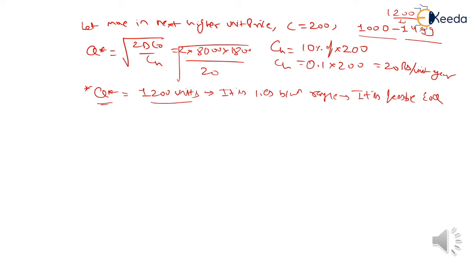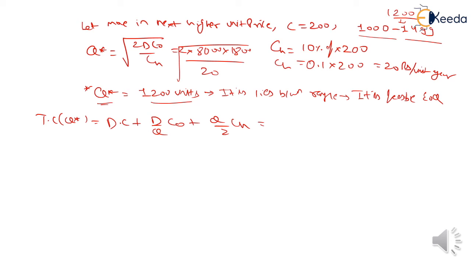But here they ask to calculate the total cost corresponding to Q star. What is the total cost? Total cost is nothing but purchasing cost plus ordering cost, D by Q into C0, plus holding cost, Q by 2 into CH.